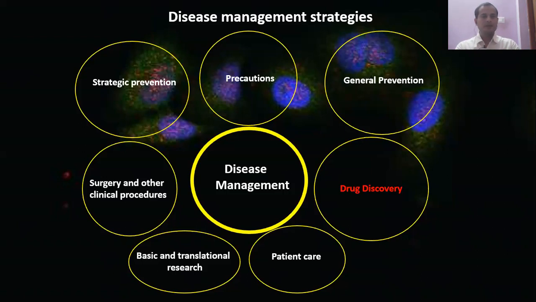So the main arms are strategic prevention. Strategic prevention is different from general prevention. Strategic prevention means vaccination or traveler's medicine, for example. Vaccination, we all know what it is, but traveler's medicine, for example, if we are going to a pandemic area, or endemic area, malaria, so the doctor prescribes you to take some preventive drugs like mefloquine.